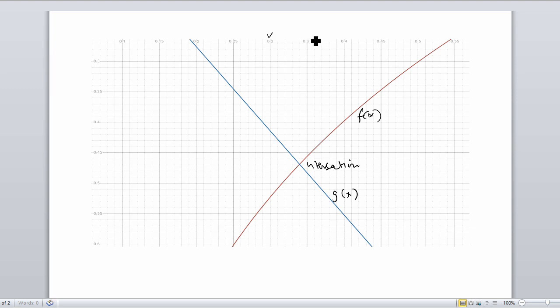Now the point of intersection, when you come up with that line upwards, you find that this point here is 0.31, 32, 33, and 34. So x is equal to 0.34. This is how you go about solving such a question.